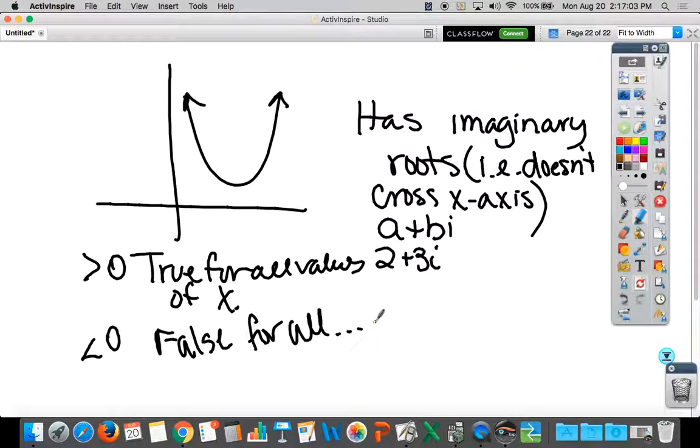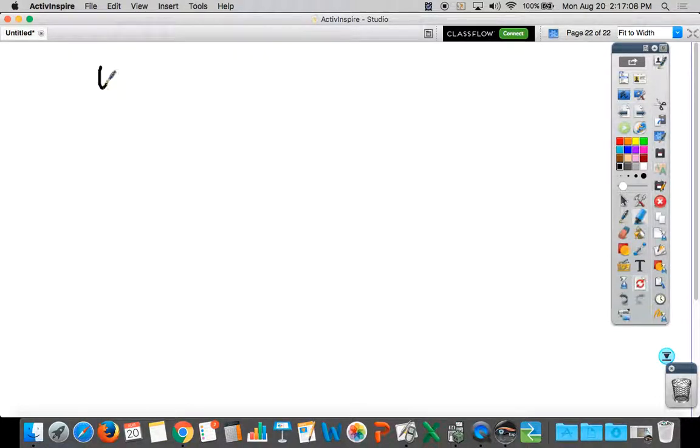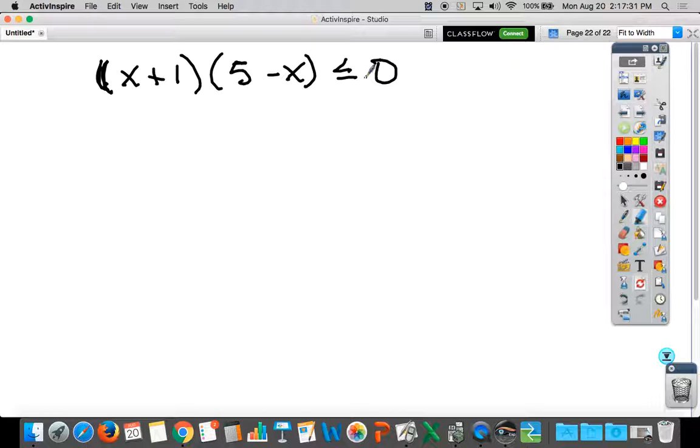I'm going to give you this one right here. x plus 1, 5 minus x less than or equal to 0. So your first step was what? Reading off your notes. Find the roots or the zeros. So go ahead and tell me what x is.